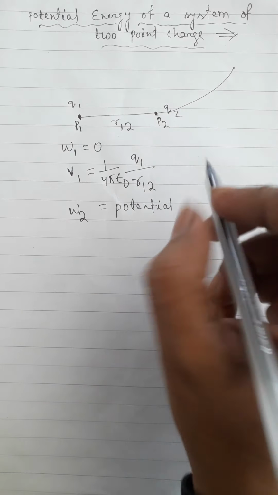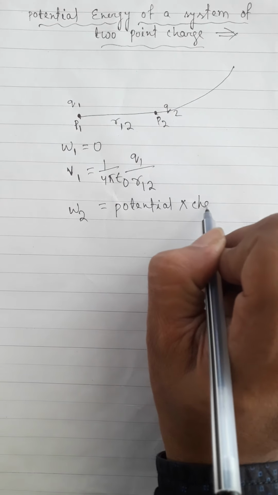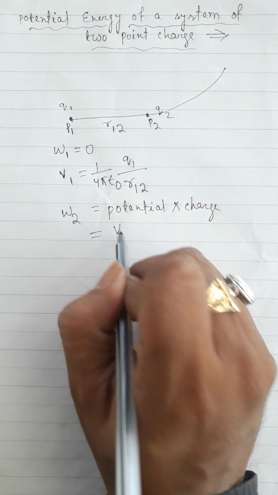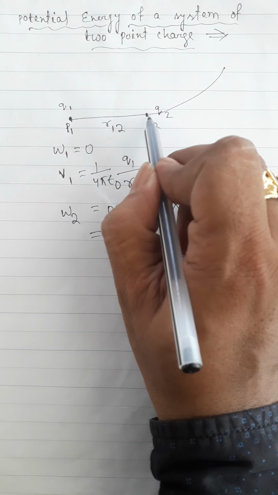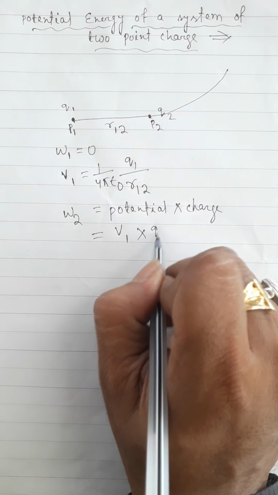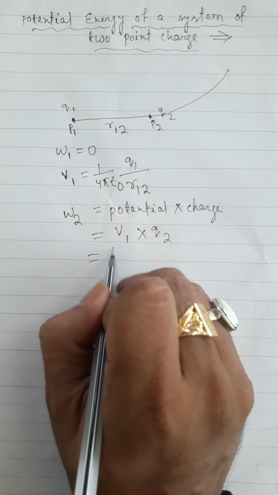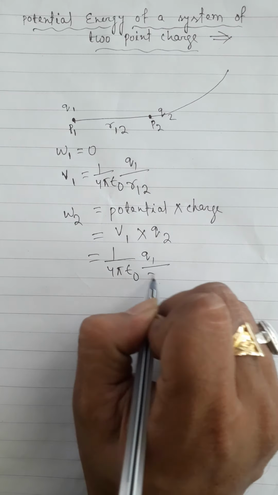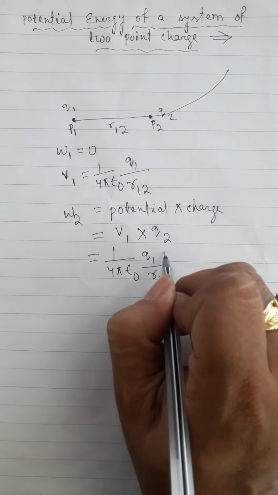Here the potential is v1 and the charge is q2. So it will be 1 by 4 pi epsilon r, q1 divided by r12, into q2.